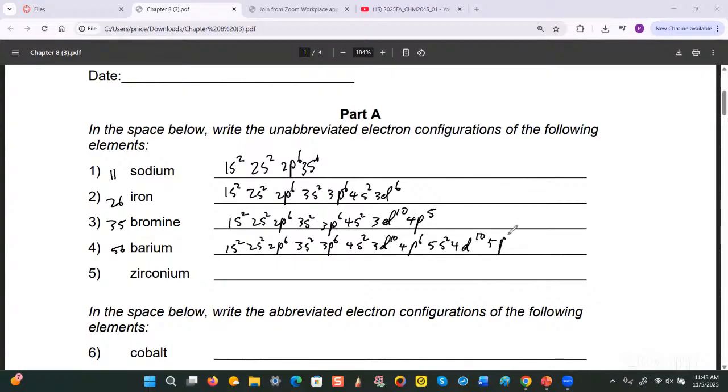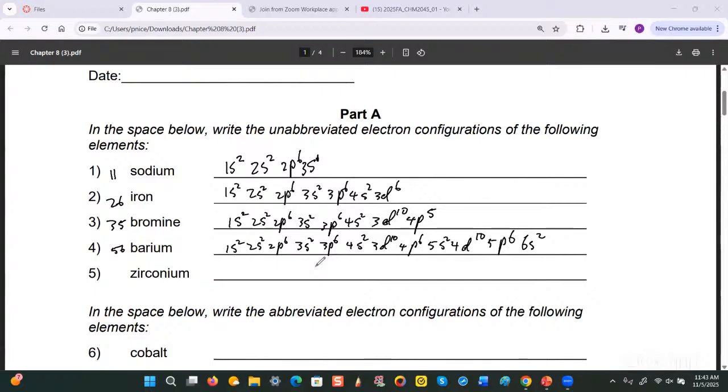We need 5p6, and that makes 48 and 6, that's 54. So we need 6s2, and that's it. That would be the electronic configuration of barium. Any questions about this one?